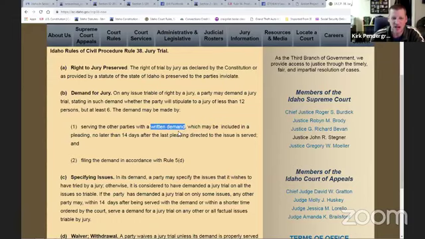Got to create your court of record, which may be included in a pleading, no later than 14 days after the last pleading directed to the issue is served, and filing the demand in accordance with Rule 5D, which means you just got to file it with the court. Show certificate of service that you served it, and then go back in and say, yep, they received it. Okay.